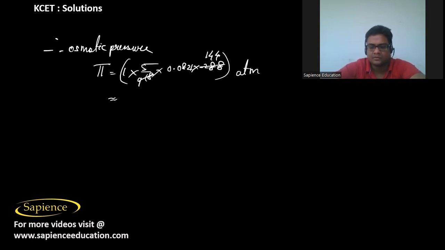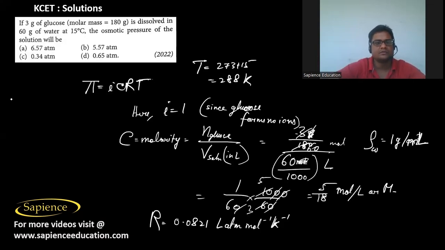So this will be 5 into 144 into 0.0821 divided by 9, which is 6.57 atmosphere approx. So option A is the correct answer.